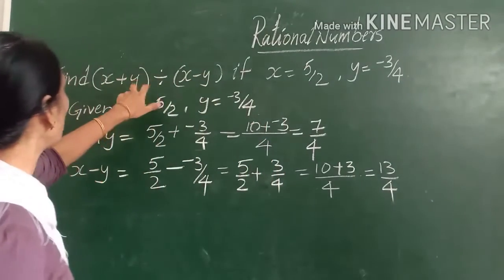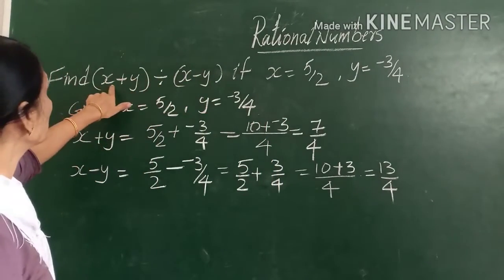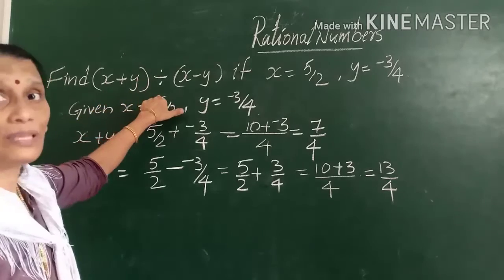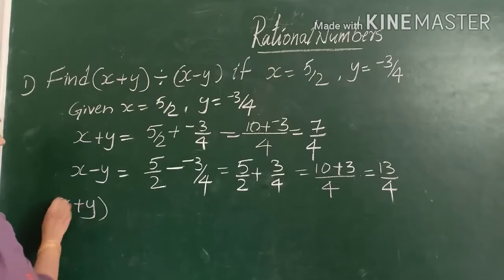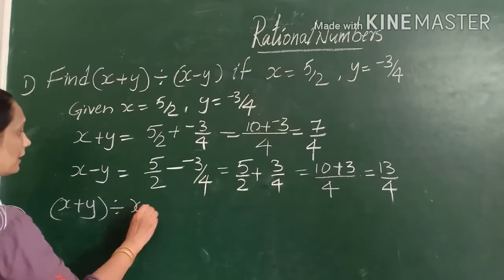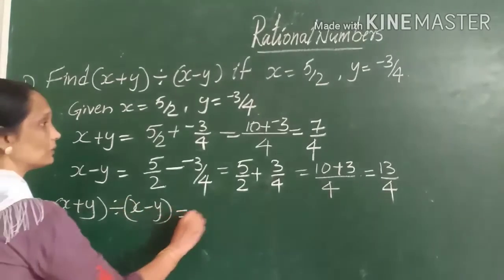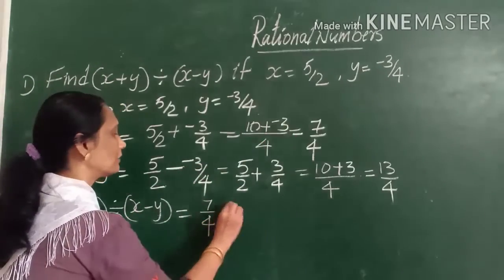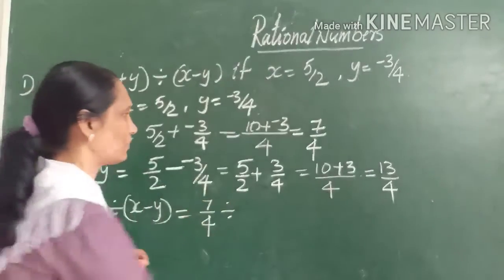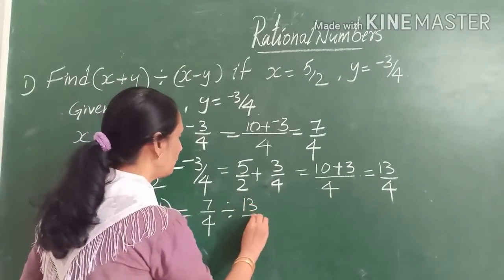So, okay, what do we finally want to find out? We should get x plus y divided by x minus y. So let us do x plus y divided by x minus y, which is equal to, what is x plus y? We got 7 by 4 divided by x minus y. What we got? 13 by 4.